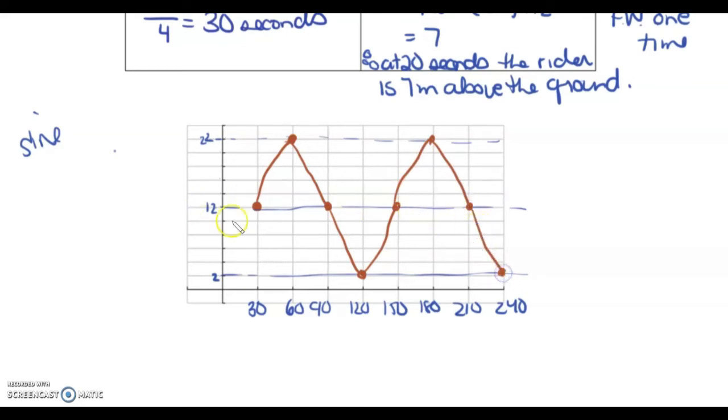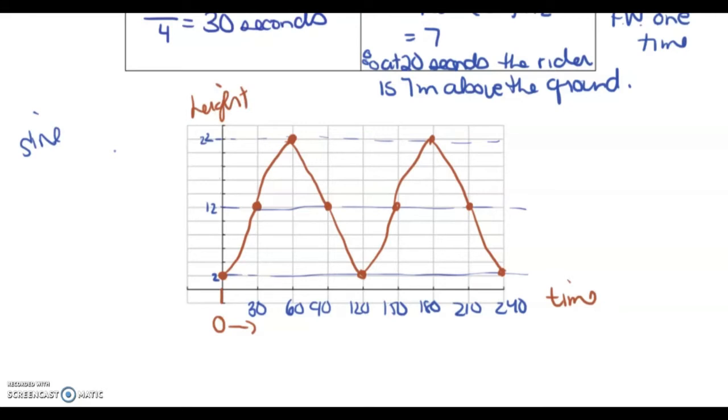So here's our issue. A rider doesn't start 30 seconds into a ride. The rider has to start at 0, so we have to pattern this down, which is convenient. And it's right here. We can label this time, and we can label this height.